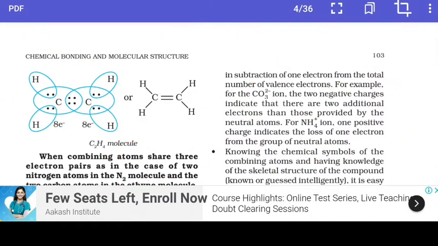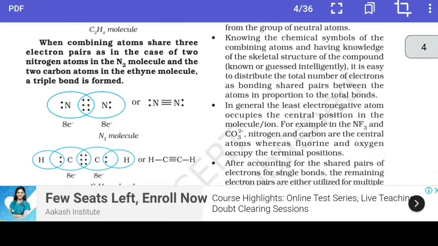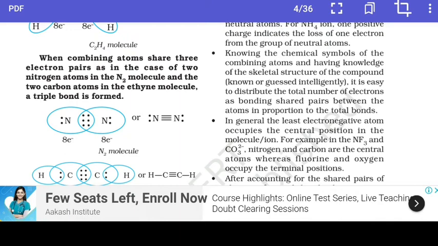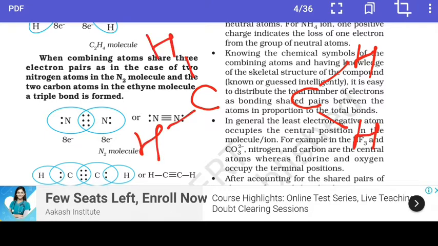Once again, like this we can write it: carbon, carbon, hydrogen, hydrogen, hydrogen, and hydrogen, and there is a double bond here. So there is a multiple bond between the carbons. This is a single bond, and this is a single bond.